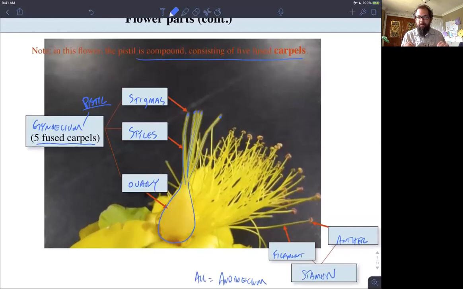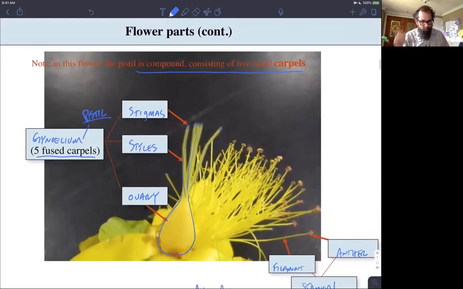When the gynoecium is compound, meaning the carpels are fused together, then it is interchangeable. When it's not, then it's not an interchangeable term. So gynoecium is more general, but pistil is what I could use to refer to this stigma, style, and ovary of this compound pistil. So that's why I've introduced that term right now.